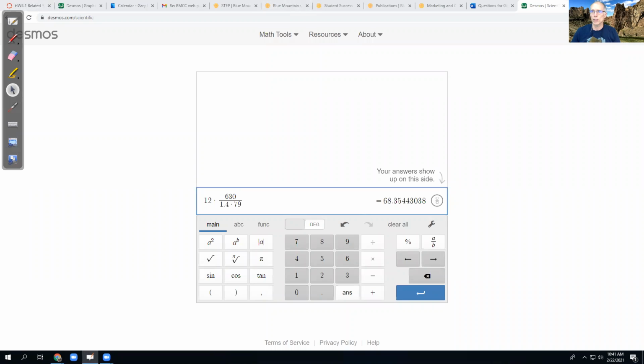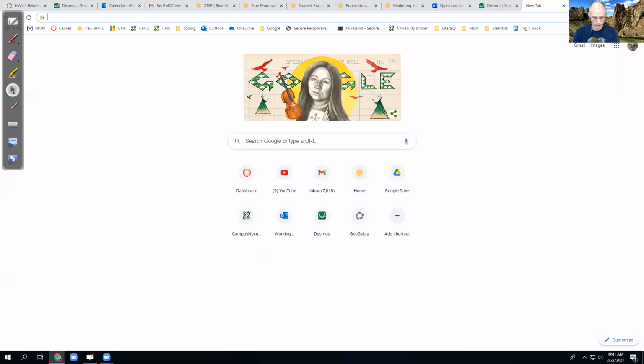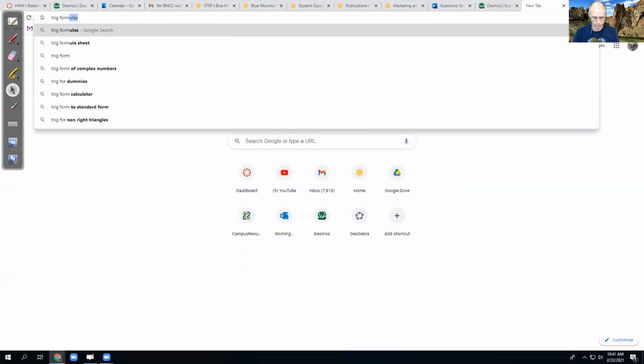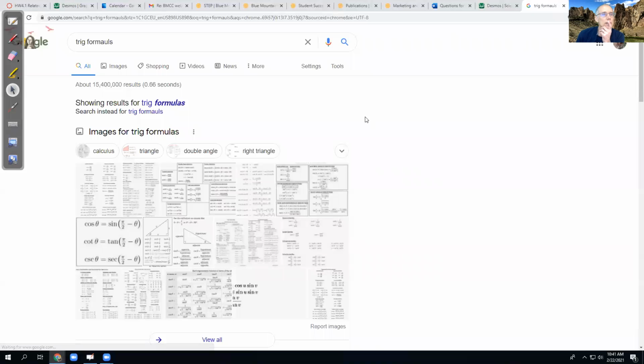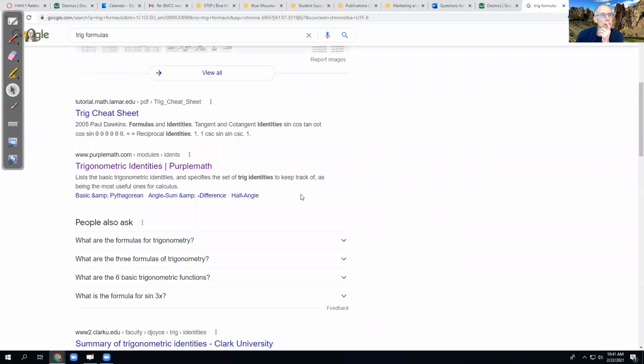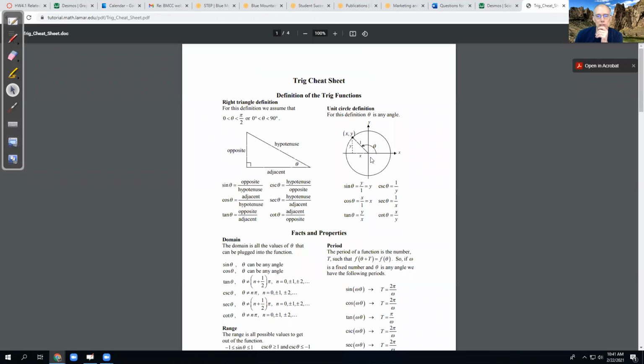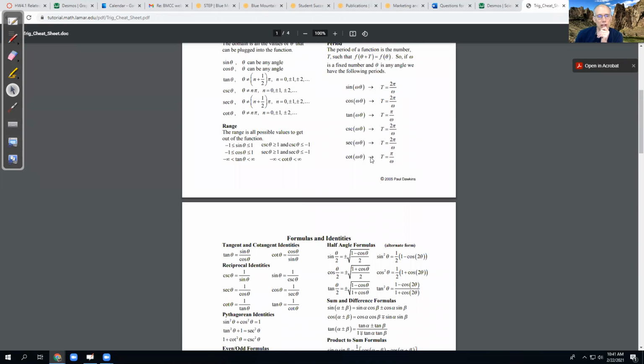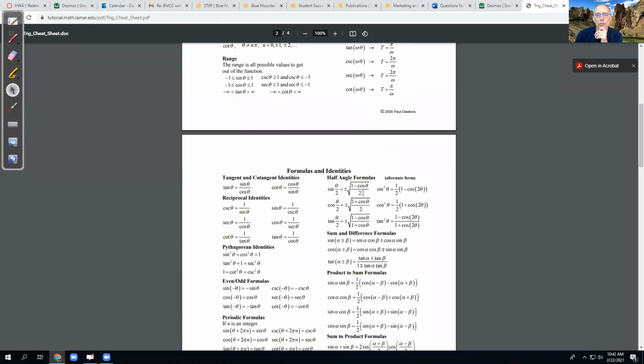So trig formulas, identities, can't spell, go, purple math, trig cheat sheet. Let's try the trig cheat sheet today. All right, and we are looking for the half angle, here we go.